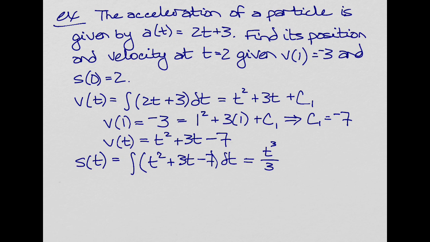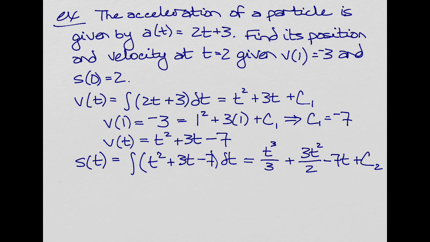The integral of 3t is 1/2 t squared times 3. Like that. Integral of -7 is -7t. And I'm going to have another constant of integration, and I don't expect it to be the same as the first one, so I'm going to give it a different name, C2.